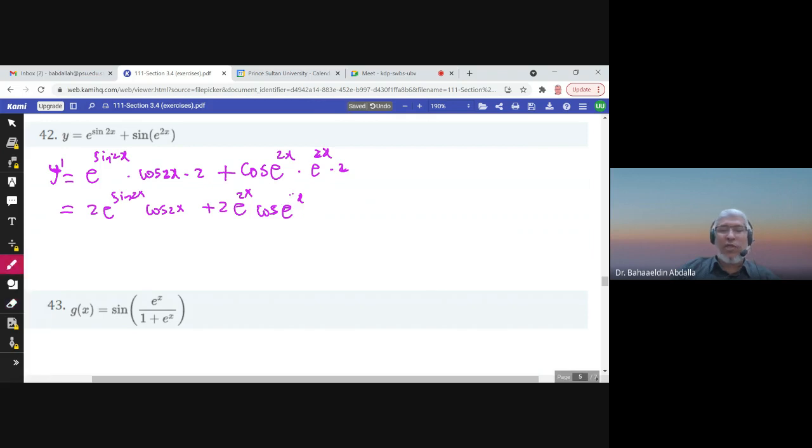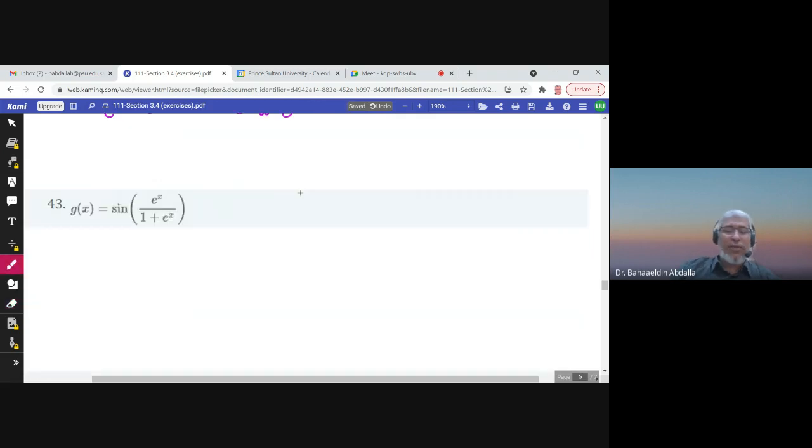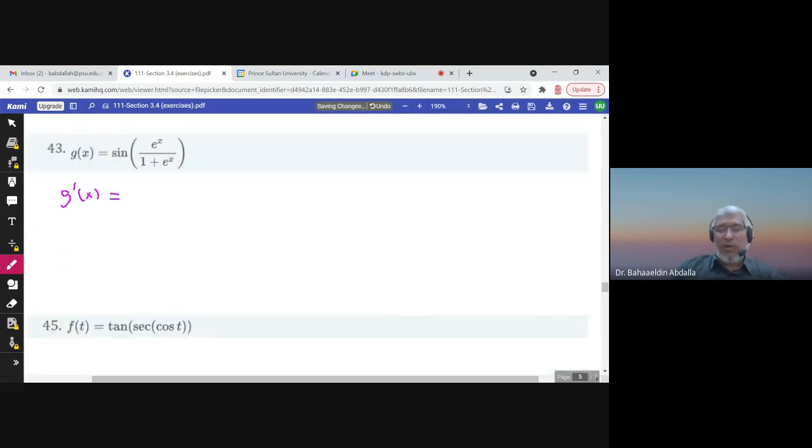This is how we write it at the end. The outer function here is sine. So the derivative of sine is cosine. So I will write cosine(e^x / (1 + e^x)) times the derivative of the inner function. And for that, I use the quotient rule.